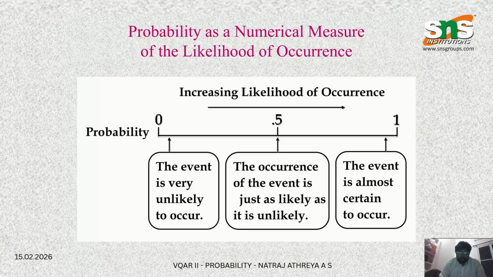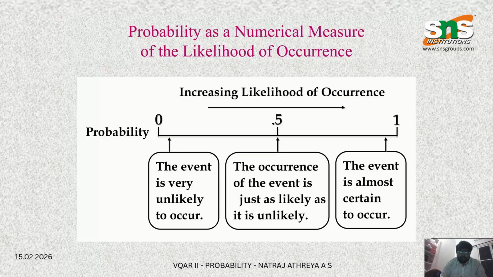Probability can range from 0 to 1, with 0.5 in the middle. If the probability is lesser than 0.5 and closer to 0, the event is very unlikely to happen, the chances of it happening are very, very low, or it is not possible at all. If it is 0.5, the occurrence of the event is just as likely as unlikely.